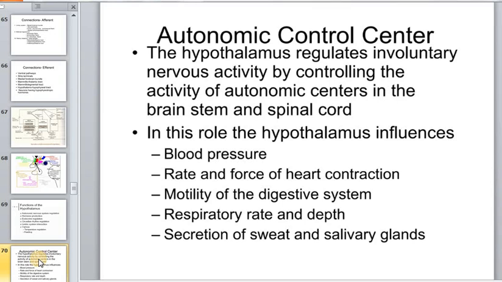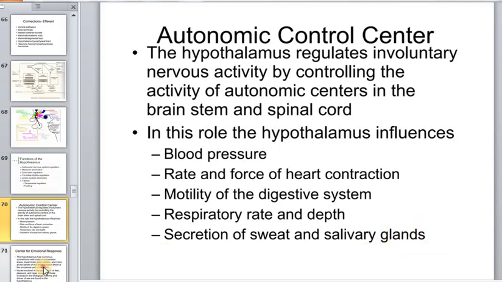In this role, the hypothalamus influences blood pressure, rate and force of heart contraction, motility of the digestive system, respiratory rate and depth, and secretion of the sweat and salivary glands. So it controls glands, but not endocrine glands.